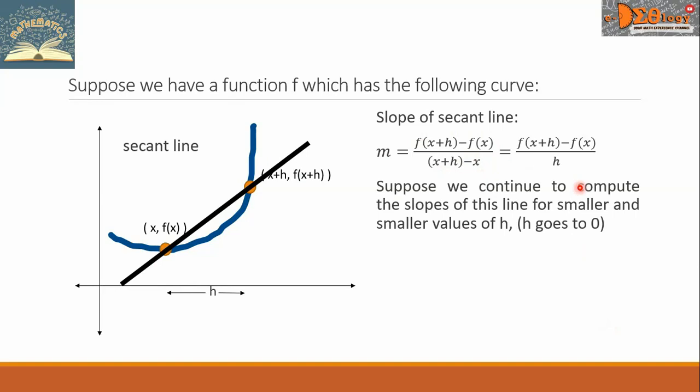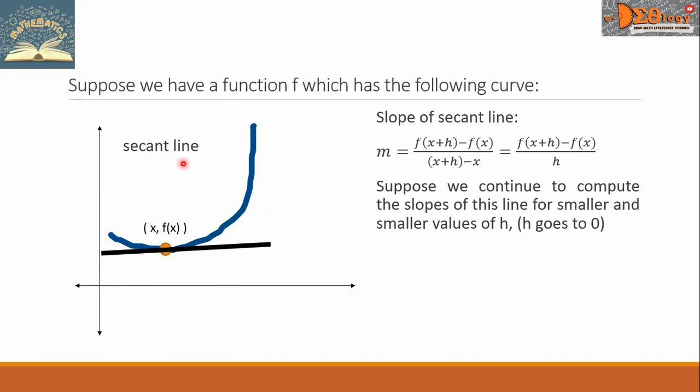Now, suppose we continue to compute the slopes of this line for smaller and smaller values of h, as we see that h goes to 0. So the line will be changed and it will look like this. In this case, the 2 points now coincide.